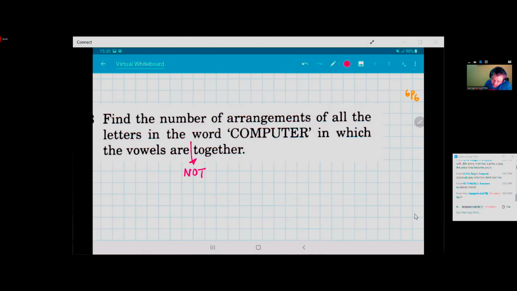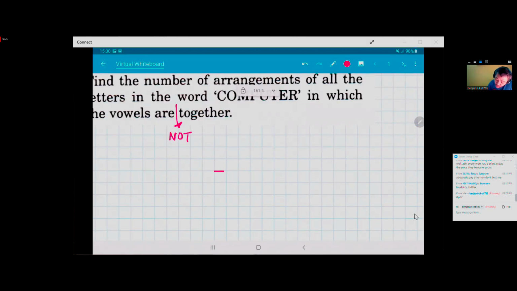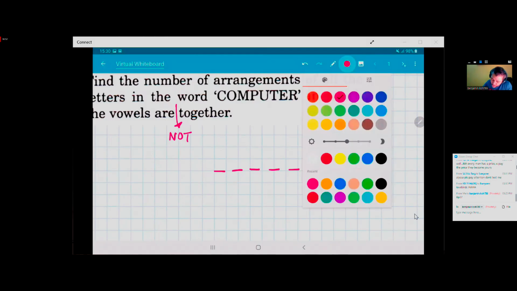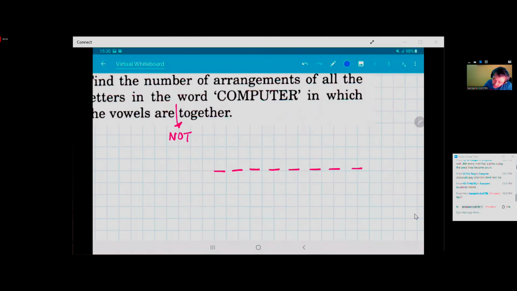So we know that there are 1, 2, 3, 4, 5, 6, 7, 8. Ada 8. When the vowels are not together, maksudnya is going to be like O here, maybe E here, maybe U there. But here's the problem. When they are not together, kalau huruf vokal itu berasingan, the U can also be here. There's also the possibility where the U can be here, correct?